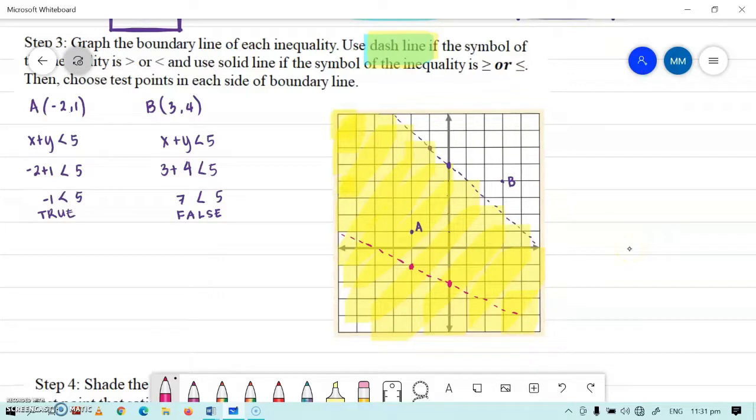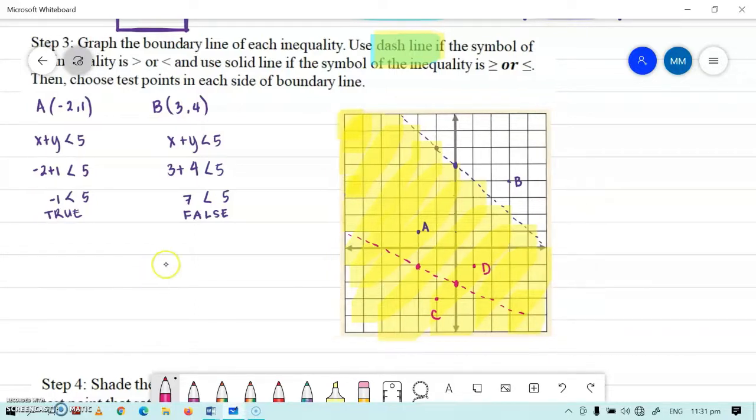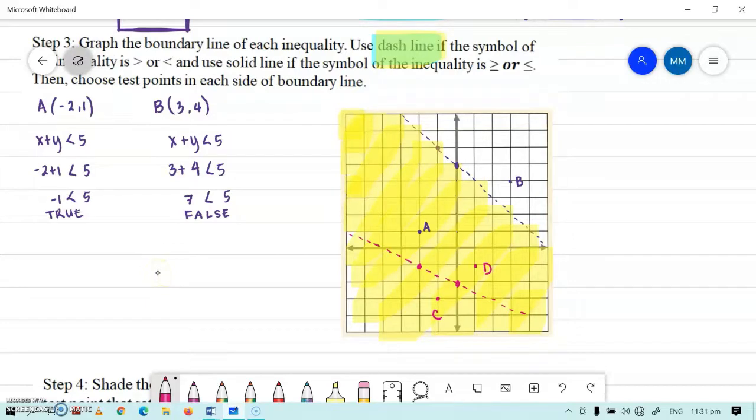So let's have here on this side of our boundary line, let's use this one. And let's name that point C. And for this side of our boundary line, let's use this one, and let's name this as point D. Now using our test points, let's check which side of the boundary line for the second inequality we shall shade.